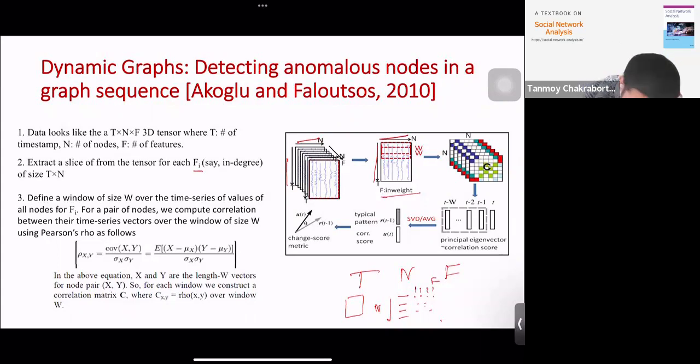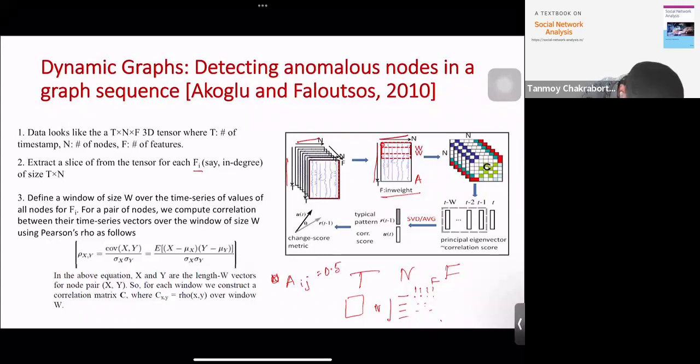Now think about it very carefully. What is every entry indicating? Let's assume that this matrix is A. A_ij indicates what? Say A_ij equals 0.5.